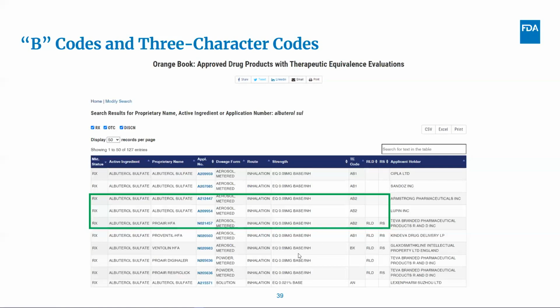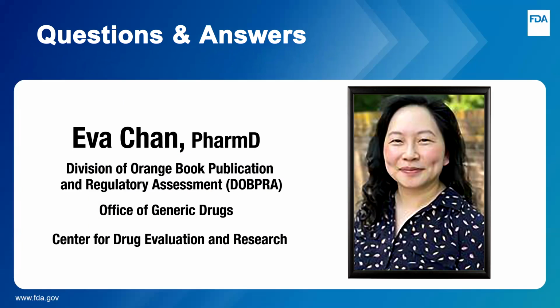So you would wonder, are they therapeutically equivalent? However, based on the TE codes, they are not therapeutically equivalent, so you want to look for the matching TE code. Each of these RLDs is given a different TE code, which means they are not therapeutically equivalent. These break up the different families, so you know which ANDAs belong with which RLD. Thank you for that. That was a great question.